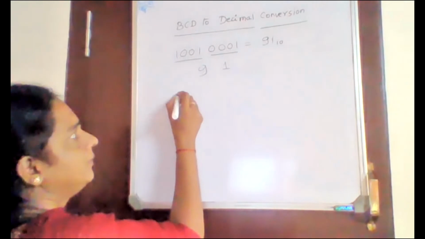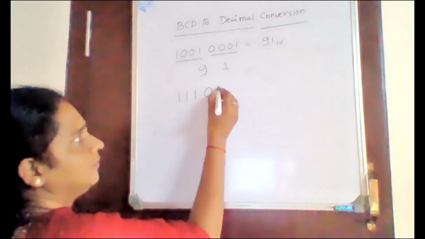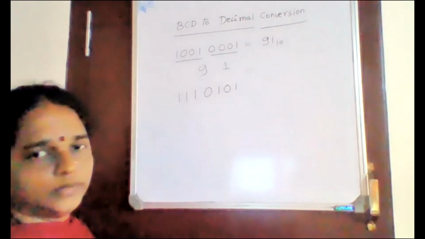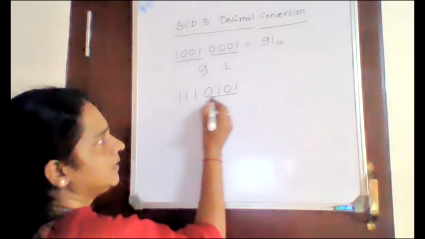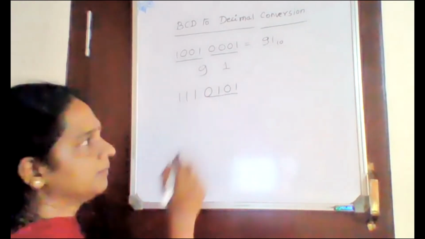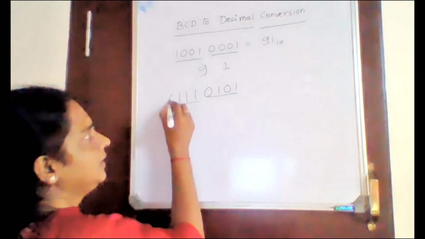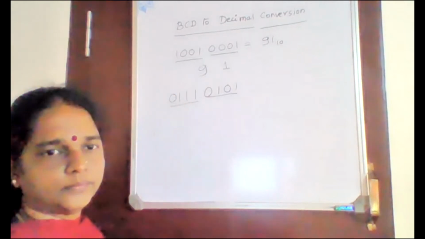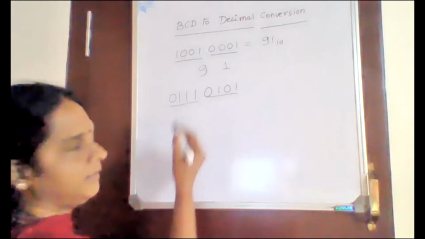One more example, 1110101. Here we have totally 7 bits. Start from this side and make a group of 4 bits. This has only 3, that means it has one leading 0. For your reference, you can put a 0 there, or else directly you can write.